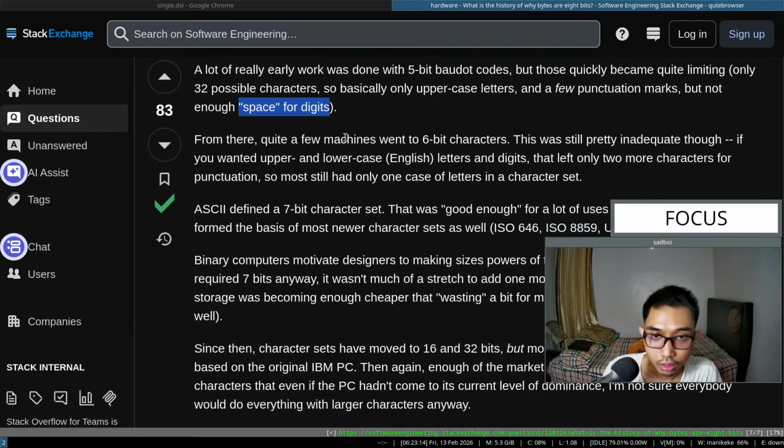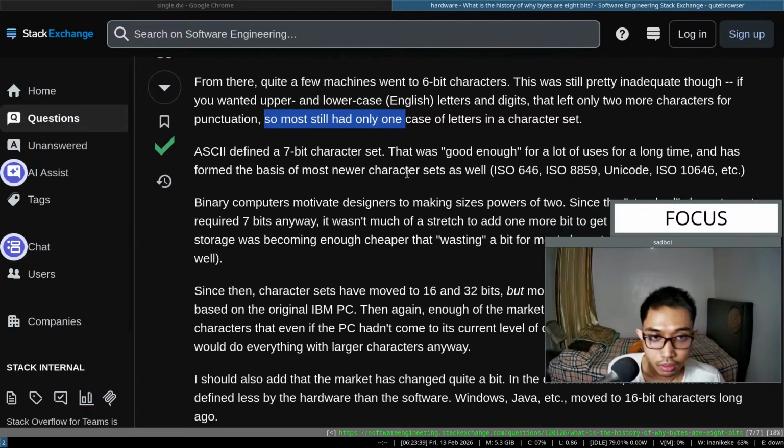From there, quite a few machines went to 6-bit characters. This was still pretty inadequate though. If you want upper and lower case English letters and digits, that left only 2 more characters for punctuation. So most still had only 1 case of letter in the character set.